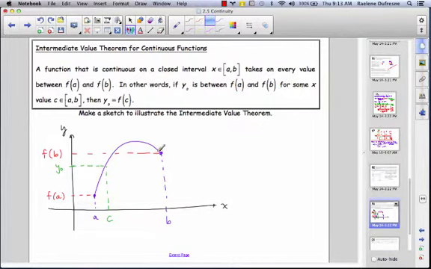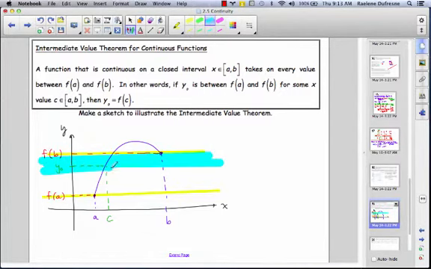In other words, what it really means is if you have a function that goes from a height of f of a to a height of f of b, then it's saying that every height in between must be taken on by the function, if that function is continuous. The function can't skip from a height of f of a to f of b without taking on every intermediate value, every value in between the two known y values.